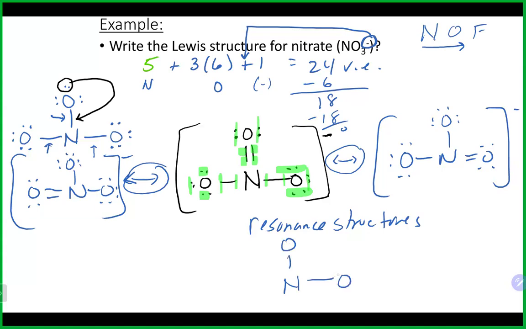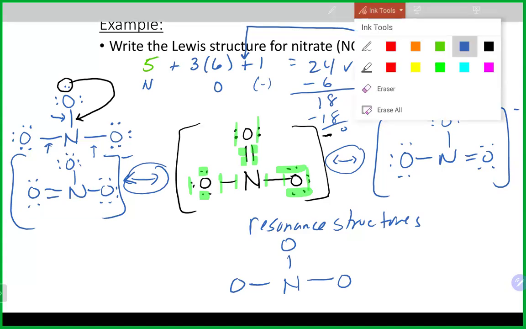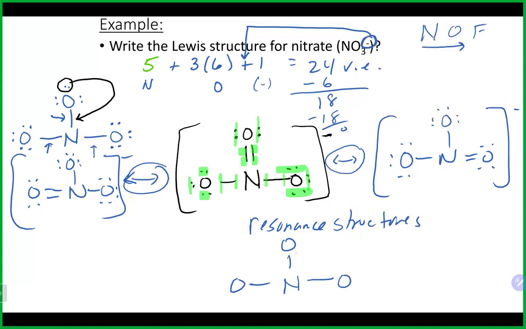And really what that means is at any given point in time, those electrons are kind of moving around, which means they may be up here making a double bond, they may be back over to that side making a double bond, they may be back over to that side making a double bond. So one Lewis structure by itself doesn't really adequately explain the bonding. The true structure is probably between those three.